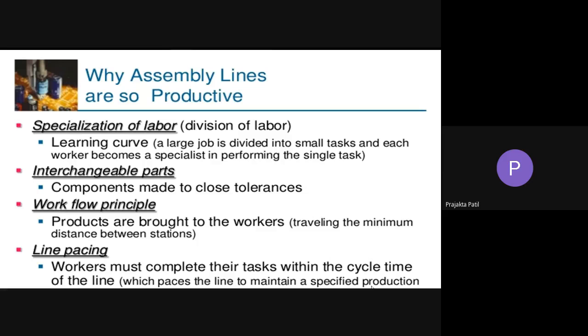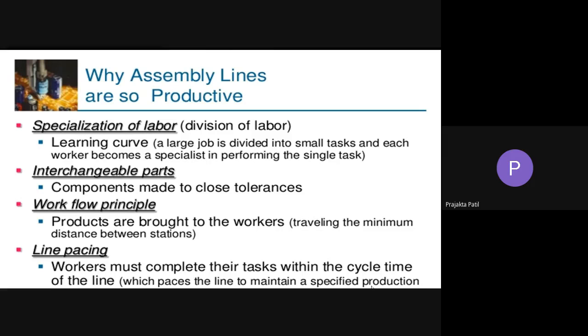If one person is made to do everything with respect to that particular part, he may take more time and he may not be a master in performing all the tasks that are required. Instead, if we divide the work between a number of workers, and every worker is made to do one specific task, I'm very sure that he or she is going to be a master in performing that task, and can perform it at a much faster rate.